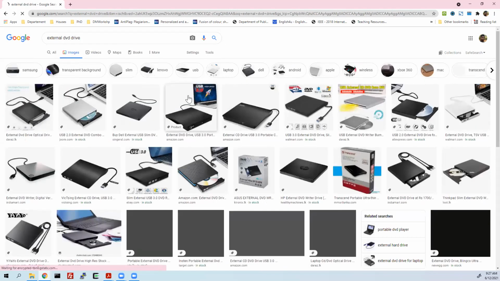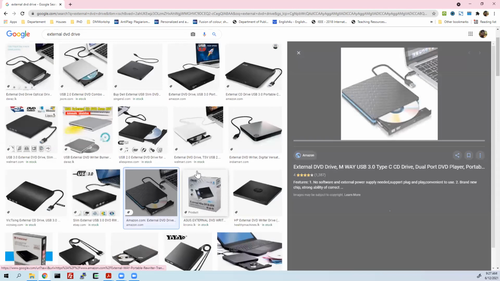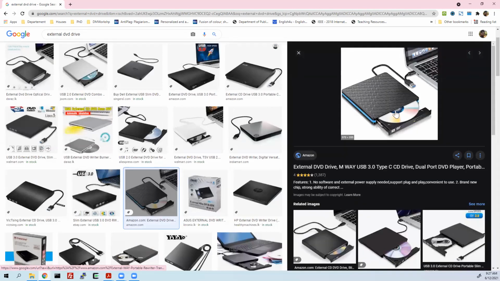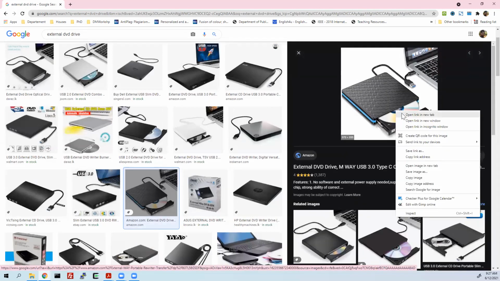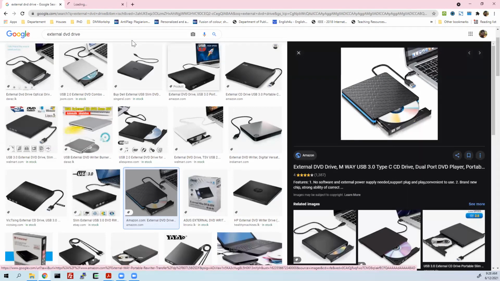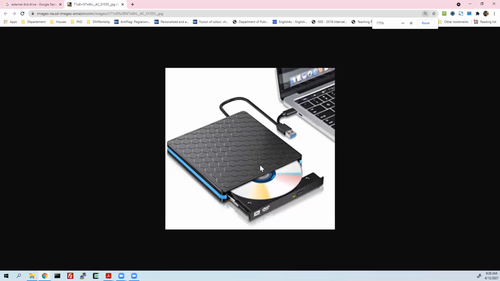Similarly, you can have external DVD drives, right? So you can connect the DVD externally to the computer. So this is also one possibility, right?